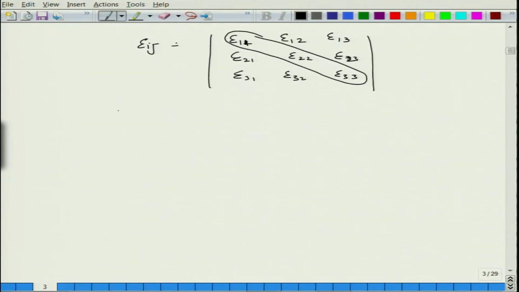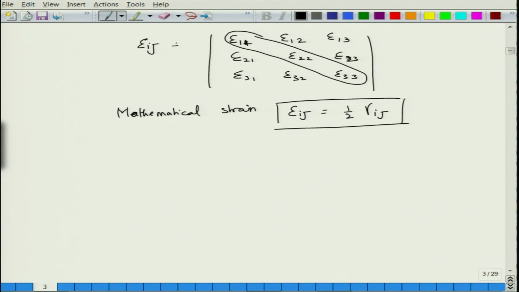Mathematically speaking, however, the tensorial strain epsilon ij turns out to be half of the engineering shear strain. There is a whole derivation for it, we are not going to go into that, but the relation is epsilon ij is equal to half of gamma ij.